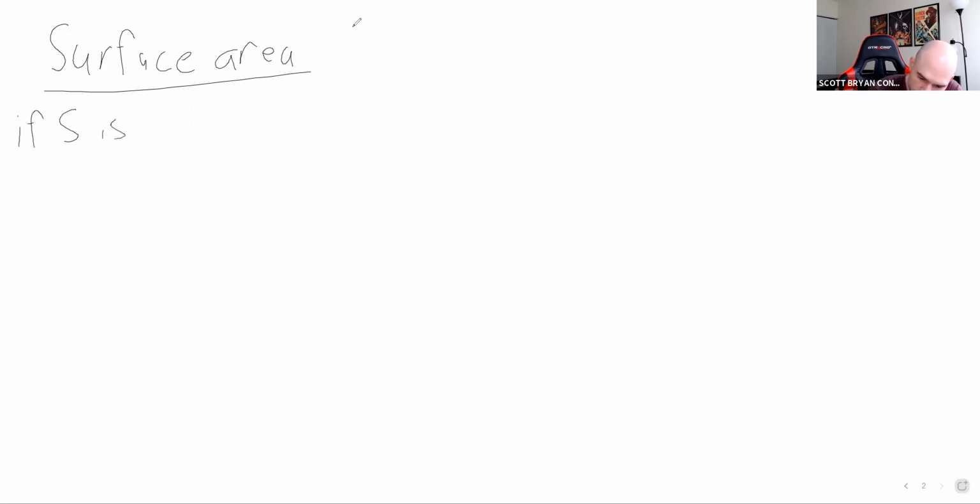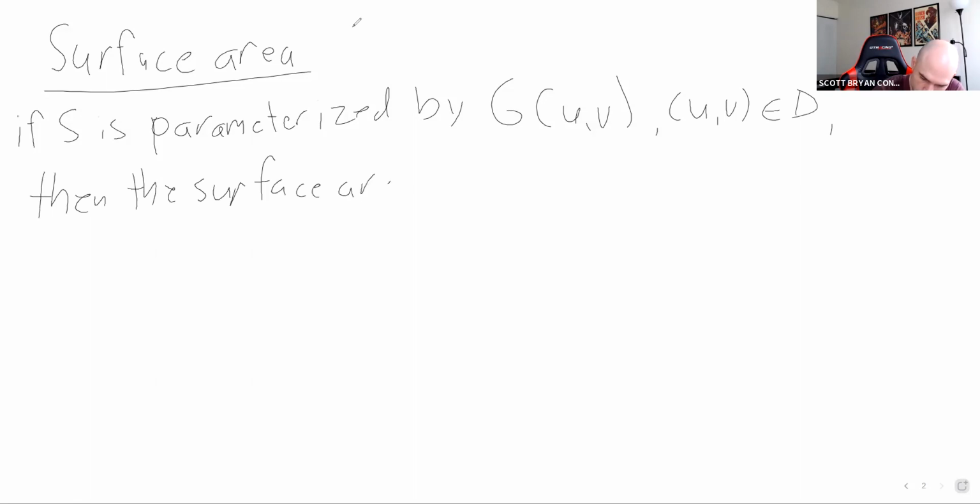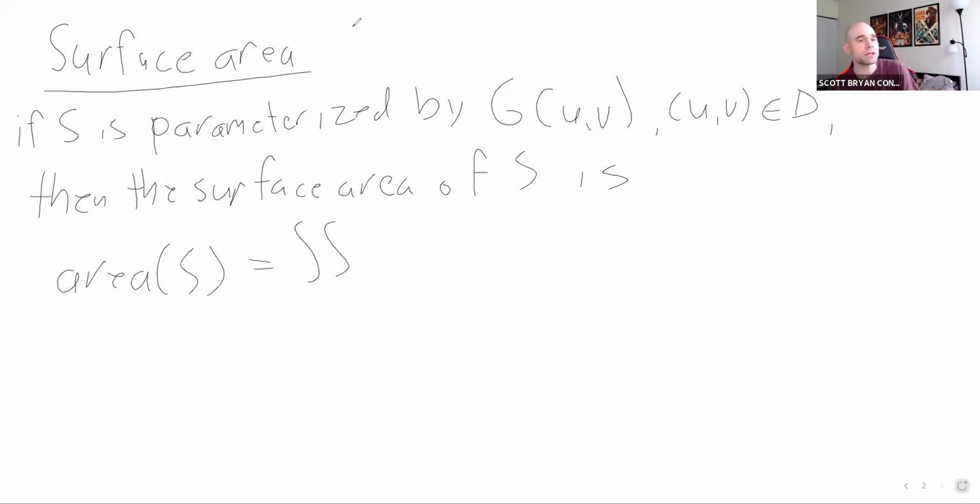So if S is parameterized by g of uv, and u and v live in D, then the surface area of S is the double integral over the region D. So remember, this is just a standard double integral because we're integrating over a region in the uv plane, which is just the plane.